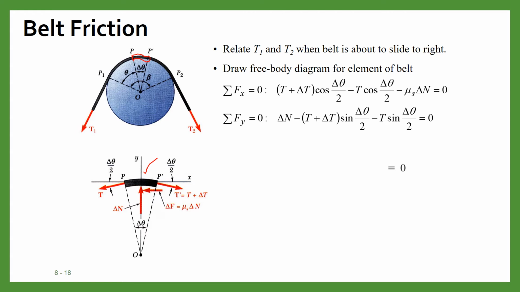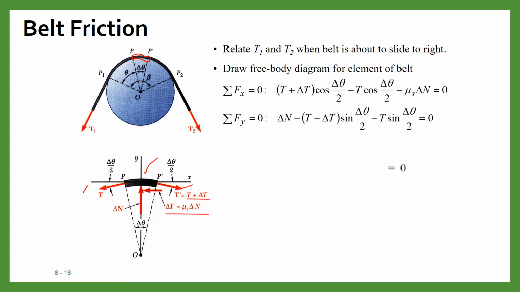So as you can see, suppose here on the left side we are having a tension force of T, and on the right side we are having a tension force T plus delta T, and this reaction force will be in the vertical direction delta n, and this frictional force will be, from the law of static friction, mu s delta n. Okay, so this is the free body diagram.